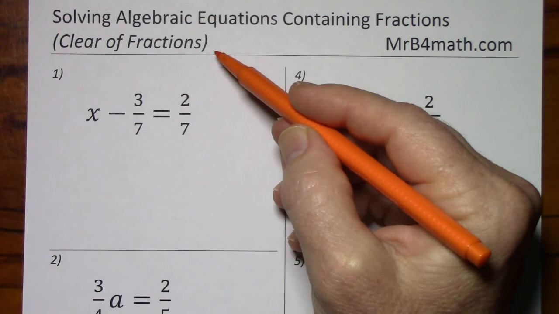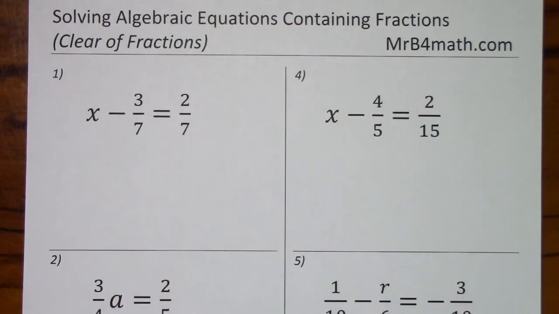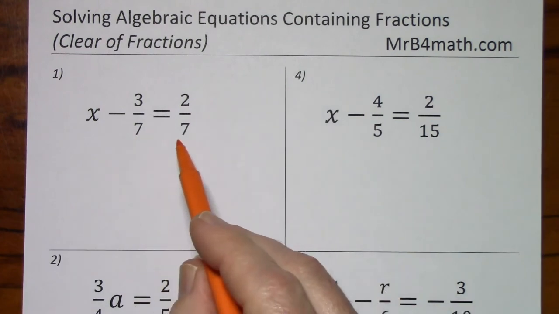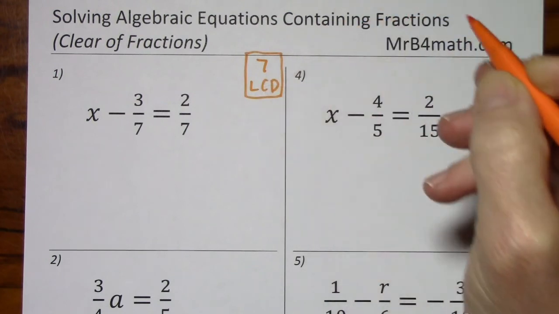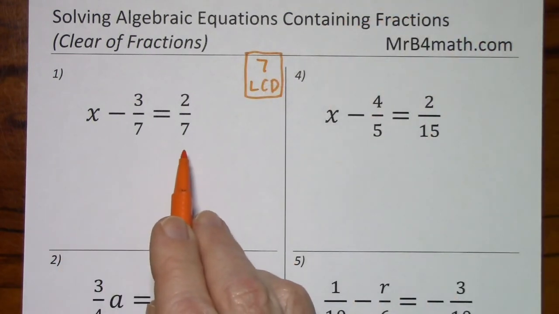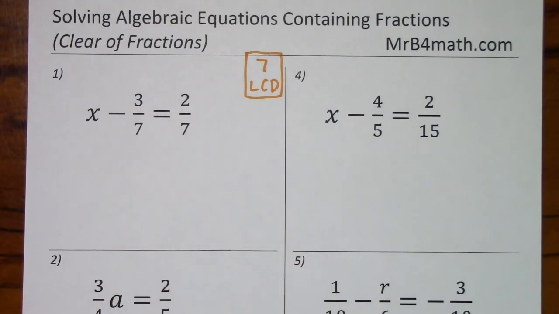In order to clear of fractions, I'm going to multiply each side of the equation by the least common denominator. The least common denominator is a 7 in this case. And when I multiply each side of the equation, that's to say I'm going to multiply each term on each side of the equation.